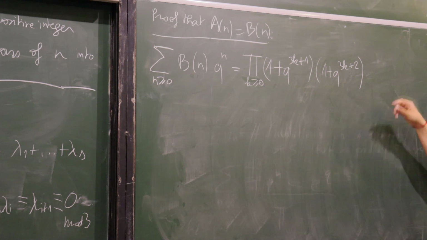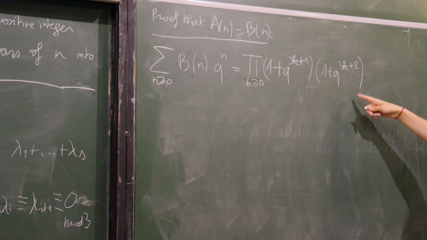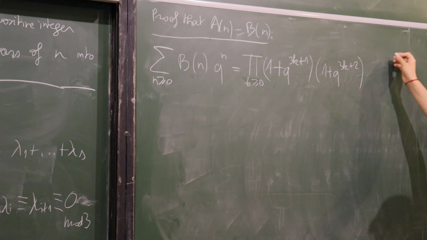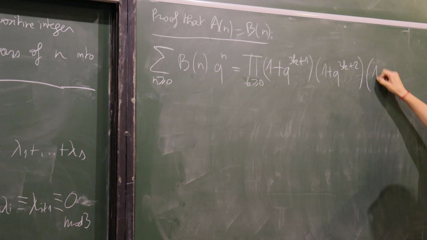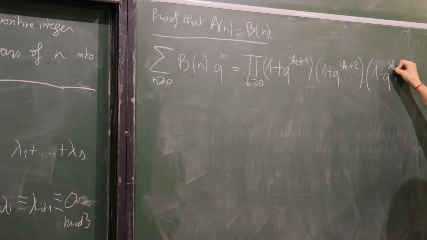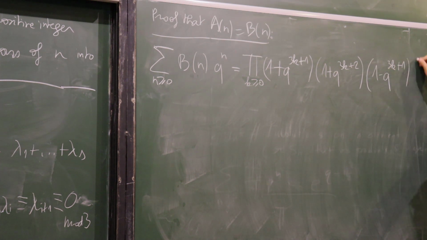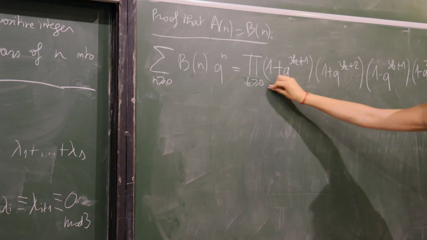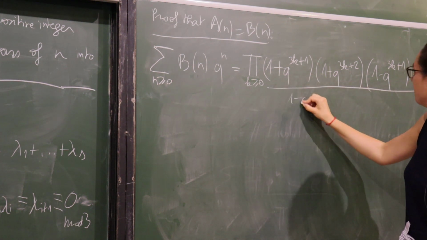So let me just do my usual trick that I did yesterday on that. I can again multiply and divide by the same things. I can do something like that: (1 + q^(3k+2)), and you divide by the same.